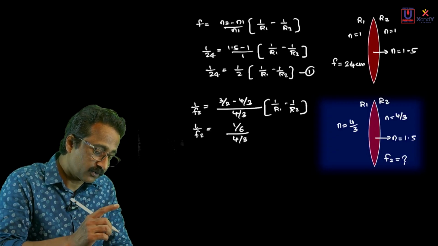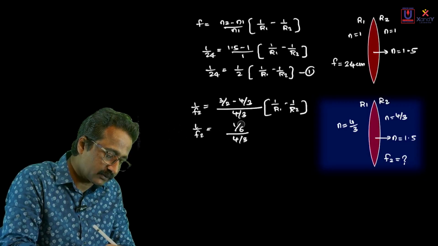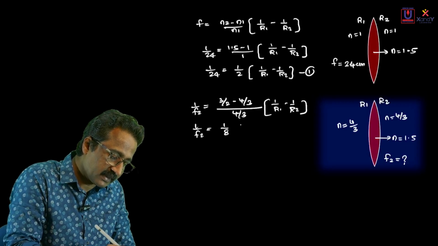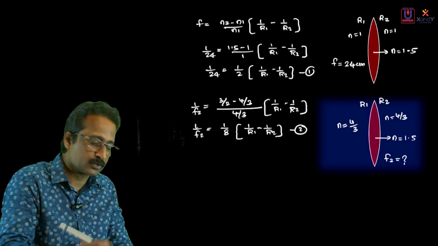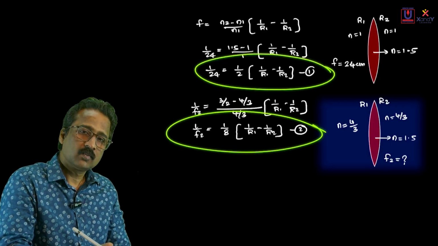So this 1 by 6 by 4 by 3 is 1 by 8, it is 3 by 24, and 3 by 24 gives you 1 by 8. So simplifying this, I get 1 by 8 into 1 by r1 minus 1 by r2. That is my expression 2. Now it's a matter of just comparing these two equations. We'll divide them.